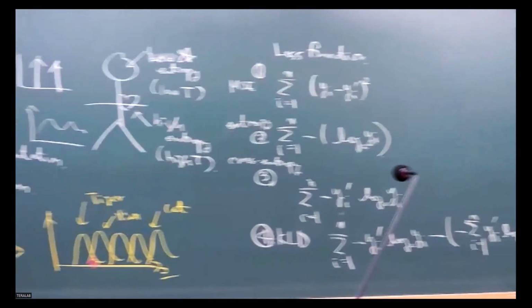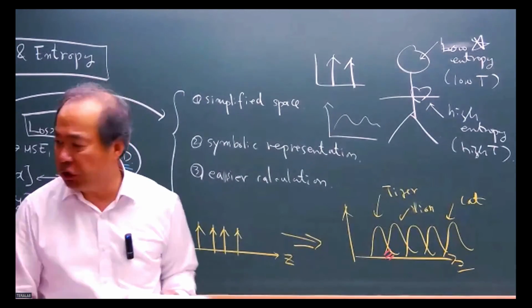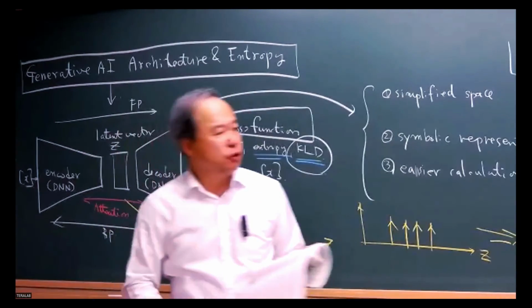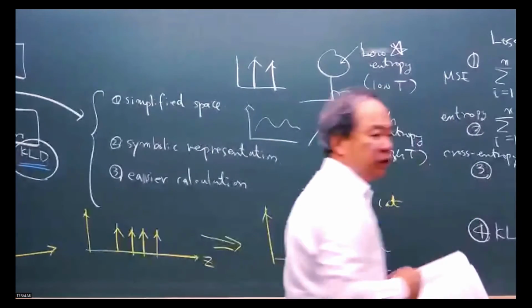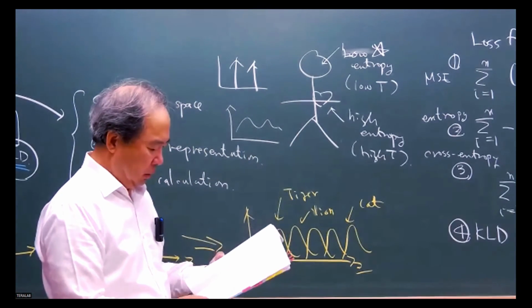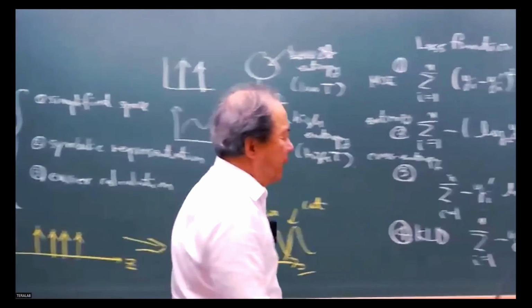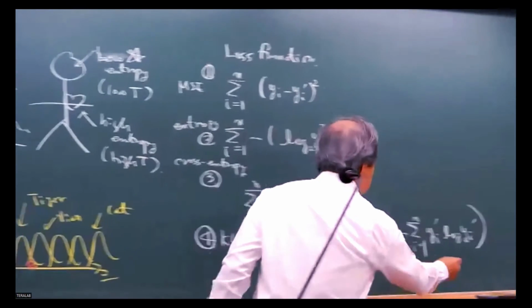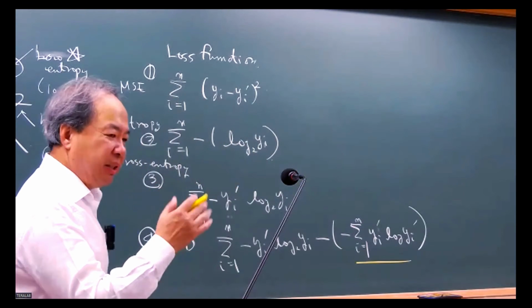The last one, also commonly used in generative AI such as transformer models and diffusion models, the loss function is called KL divergence. The last term is cross entropy of reference.